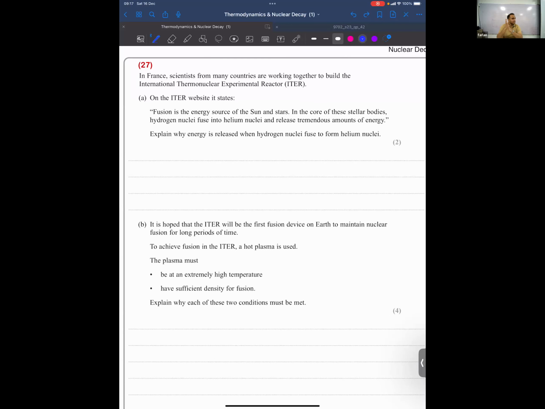So energy is released because there is a mass deficit. Okay, so hydrogen nuclei fuse to form helium, no? So when hydrogen fuses, there is a mass deficit, mass reduces.